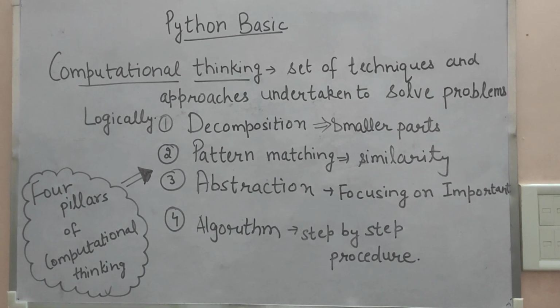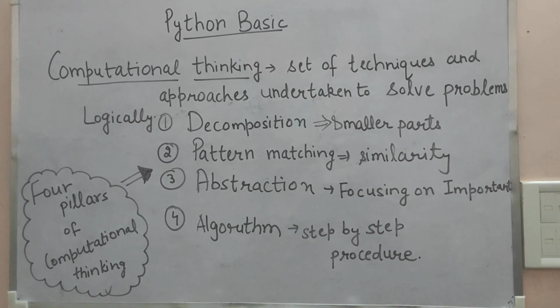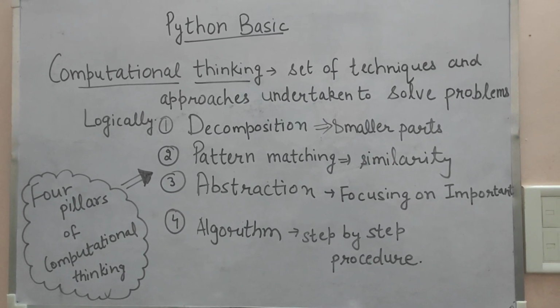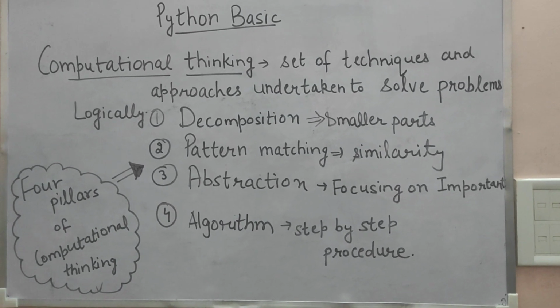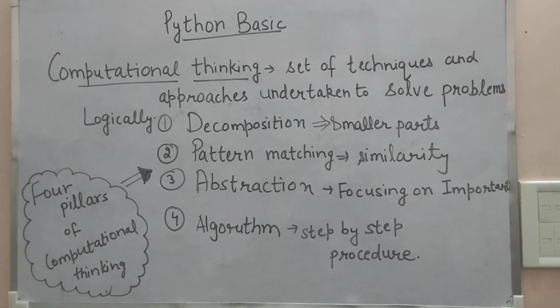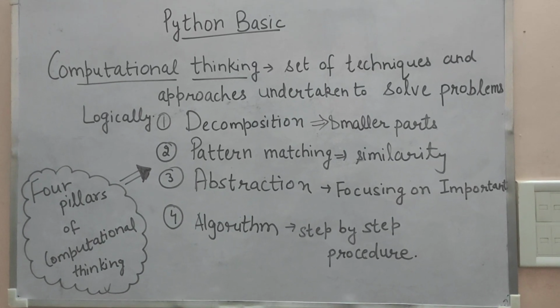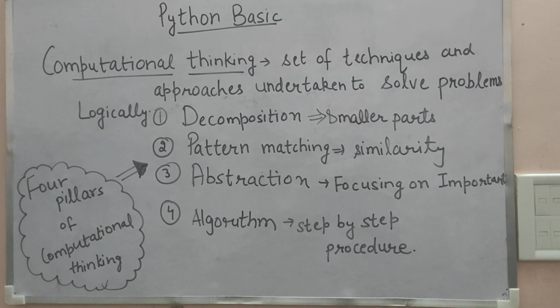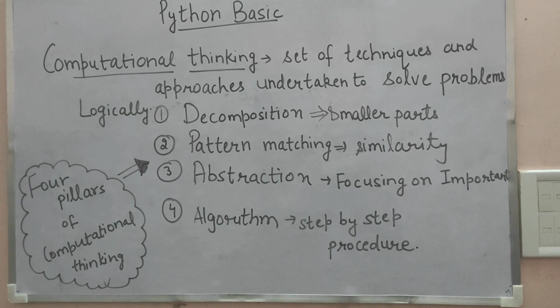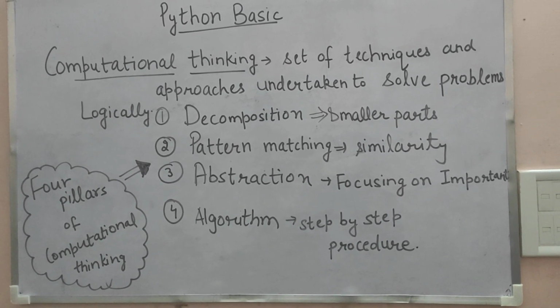Suppose we need to add two numbers, so we just use the addition operator, right? What if we used the subtraction operator, could we get the result of the addition? No. So we need to focus on the important thing and ignore the rest. That is basically abstraction.